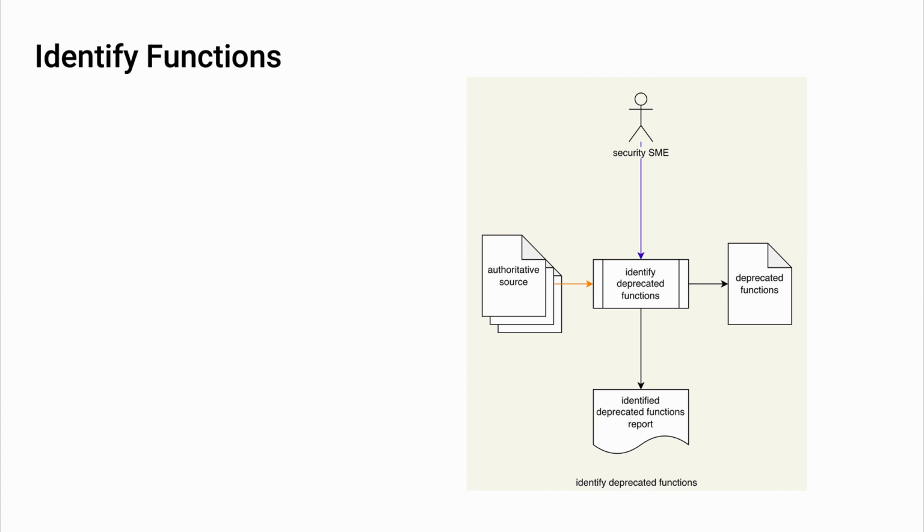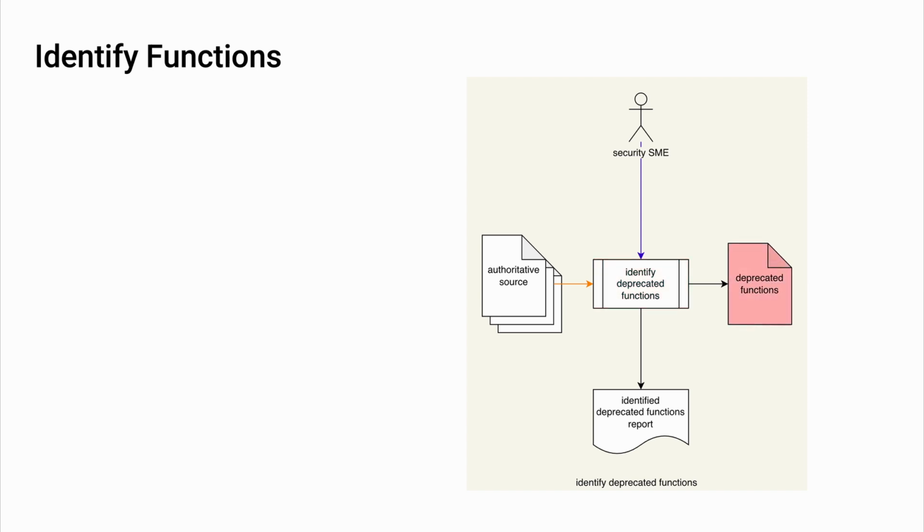The first activity in the deprecated functions process is that of identifying the deprecated functions themselves. The cybersecurity SME will look at the authoritative sources and identify the deprecated functions called out in them. These will be compiled into a deprecated functions list.